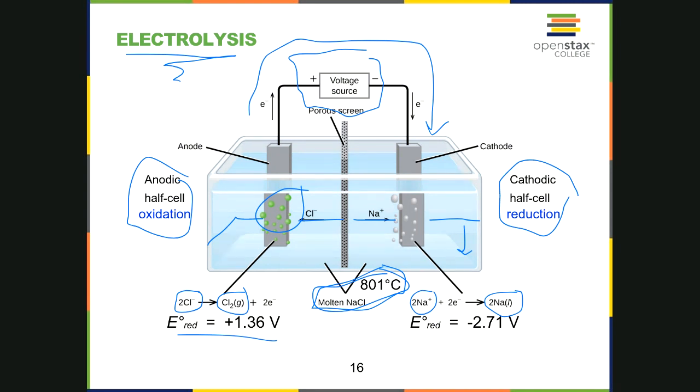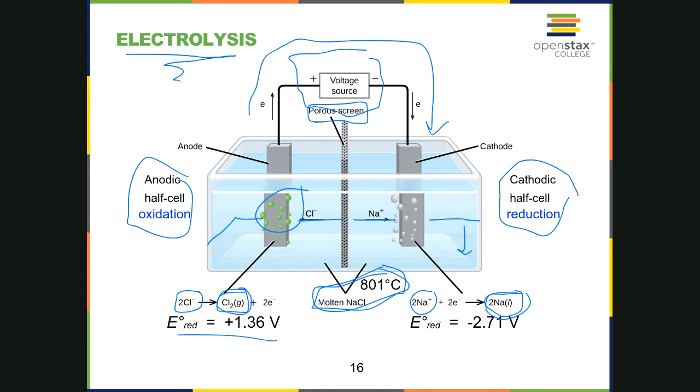So we could take sodium chloride, and we could then do electrolysis, make two products that would have commercial value: chlorine gas and sodium. This time for the salt bridge, instead of a tube between the two, we've got something they're calling a porous screen.